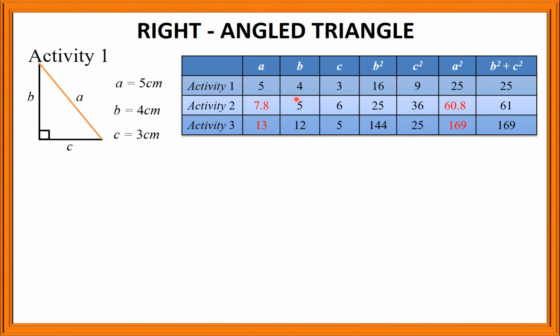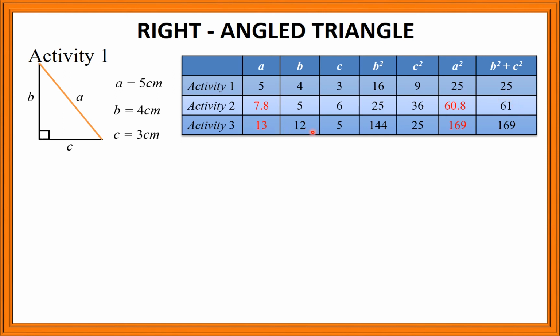In the second activity, when B is equal to 5 and C is equal to 6, measuring A will be 7.8. That gives us B squared to be 25, C squared to be 36, A squared to be 60.8, and B squared plus C squared will be 61.